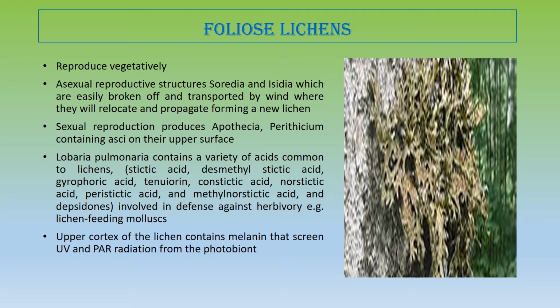Apothecia and perithecia both are present on the upper surface, the upper cortex of the foliose lichen, and they can also be present in the podetia. They can either be immersed in the upper layer, or they can be on top of some raised stalk.